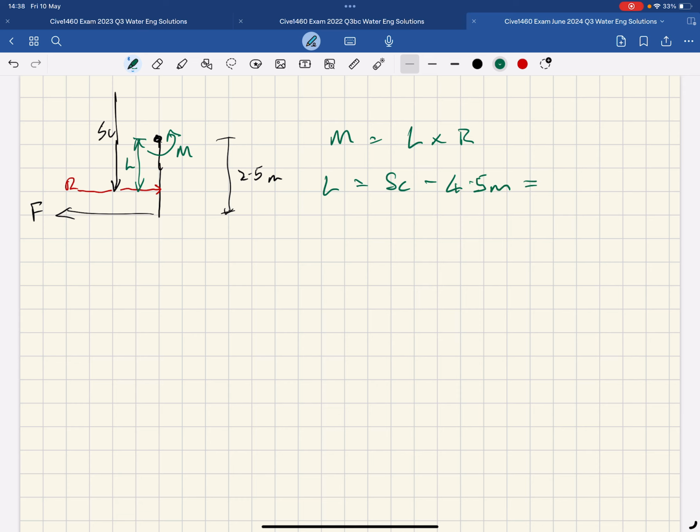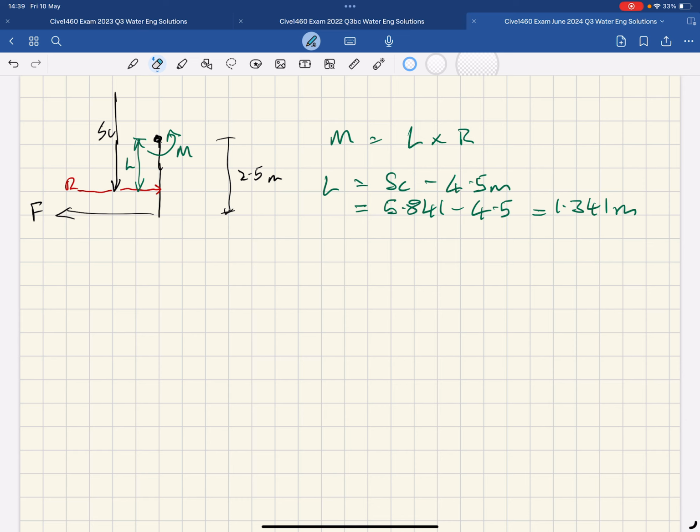So L equals 1.341 meters, because SC was 5.841. Okay, it is in full.